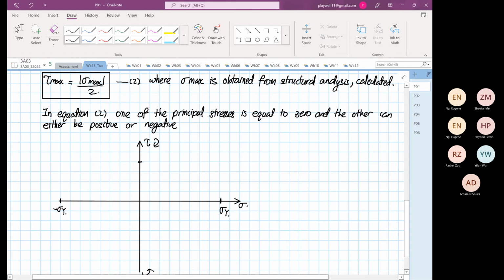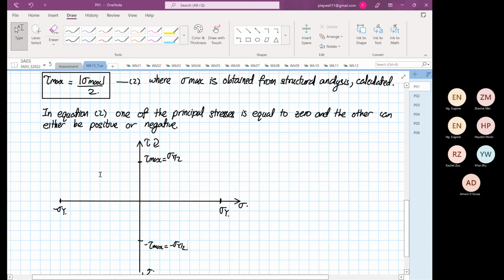Over here this is our tau max equal to sigma Y divided by 2, and the one at the bottom is negative tau max equal to minus sigma Y over 2.